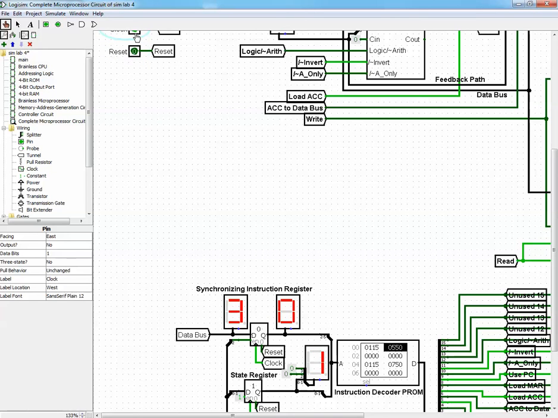Right now we are going to load the accumulator, and then we want to add, so we're going to that state 0750. And then we are going to halt in that state.